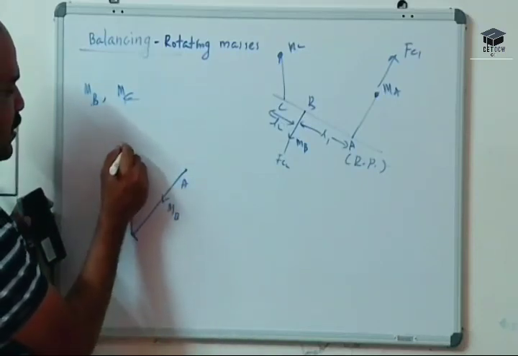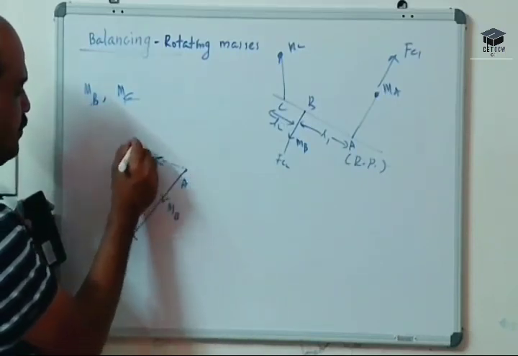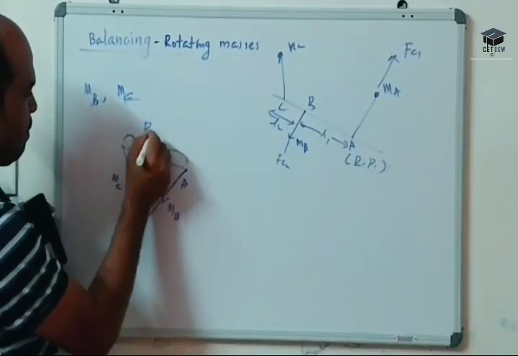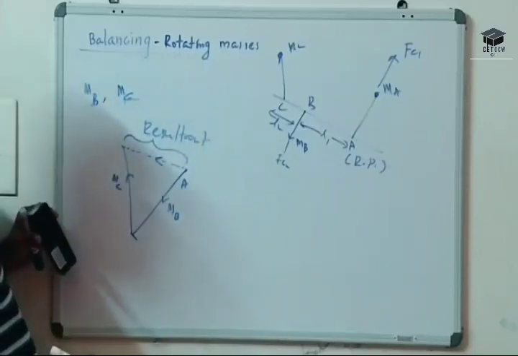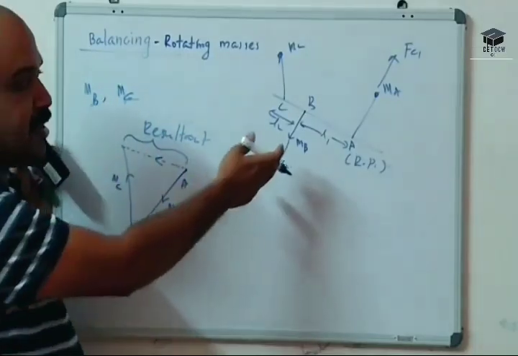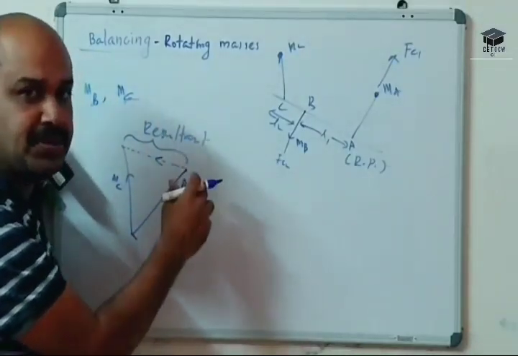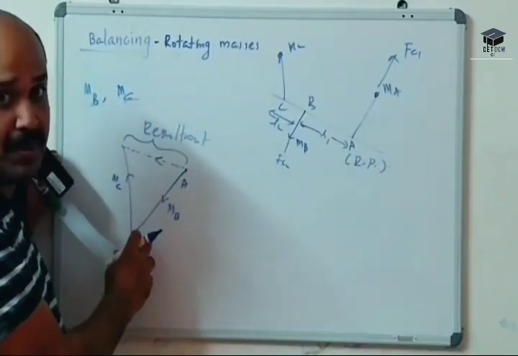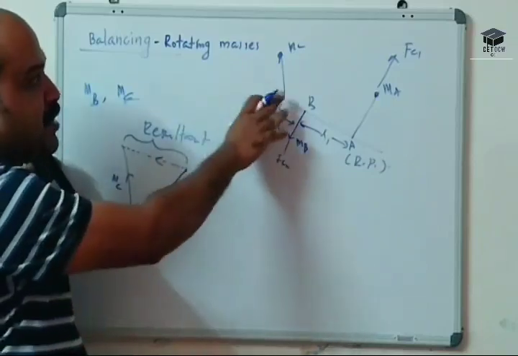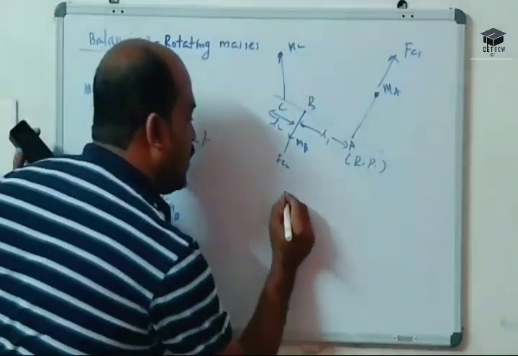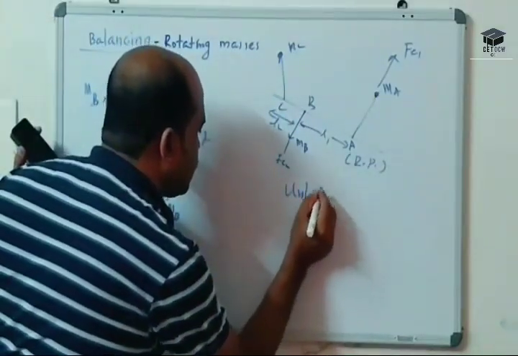So there will be a resultant moment. This is the resultant moment. So we can see that in this case it is balanced with respect to force, but it is not balanced with respect to moment. So we can simply say that the system is not balanced. This is an unbalanced system.